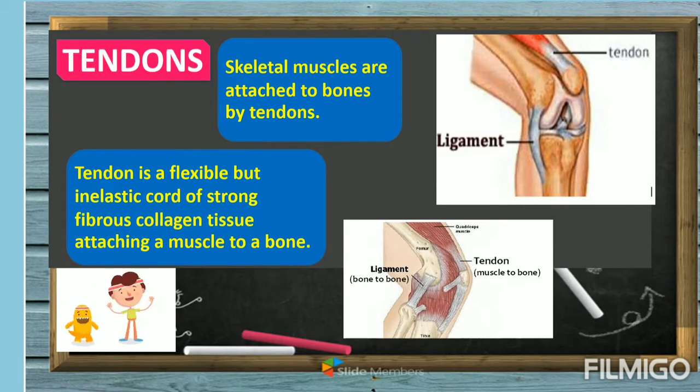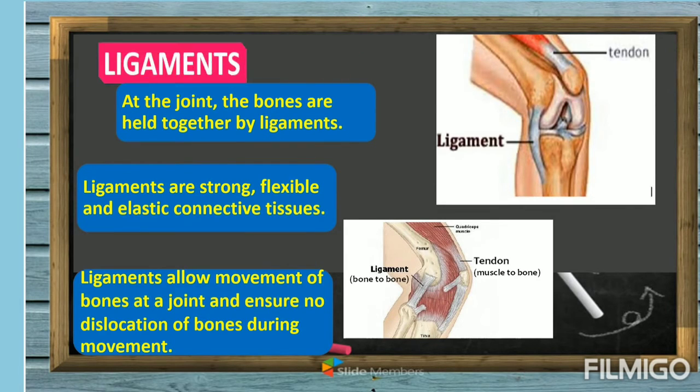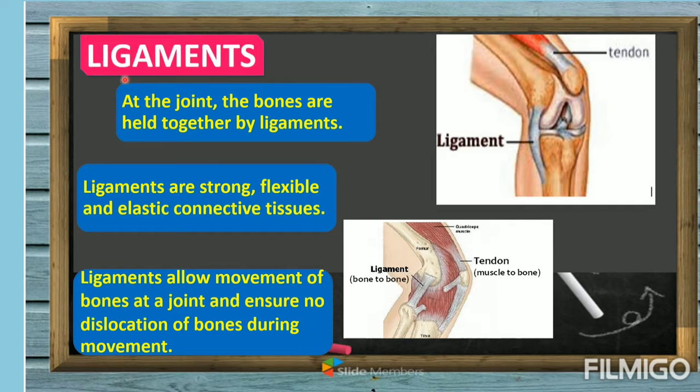Okay, so how do you define ligaments? At the joint, the bones are held together by ligaments. Ligaments are strong, flexible, and elastic, meaning stretchable, connective tissues. Ligaments allow movement of bones at the joint and ensure no dislocation of bones during movement.